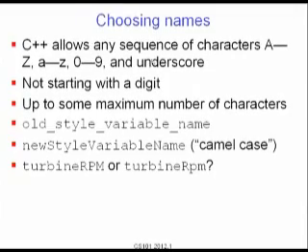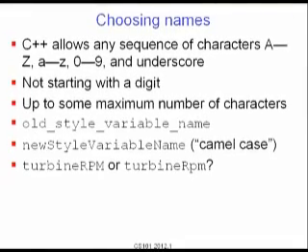In old C code, you see variable names written in the old style, with underscores separating words. But in more modern coding in C++ and Java, it's more customary to use what's called camel case, where word transitions are marked by one uppercase letter followed by lowercase letters.